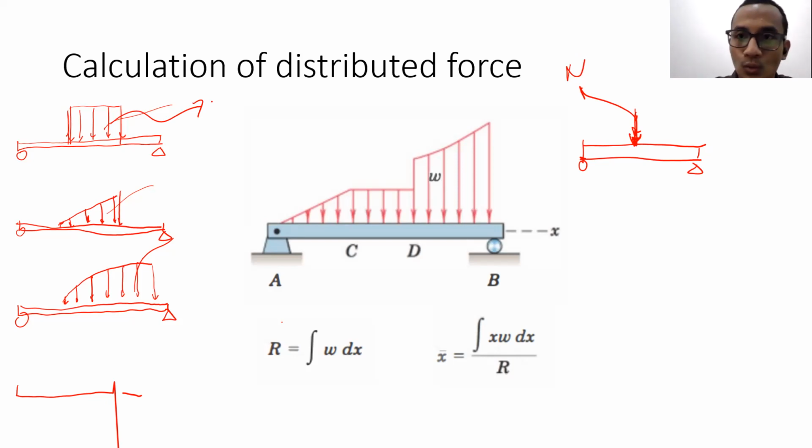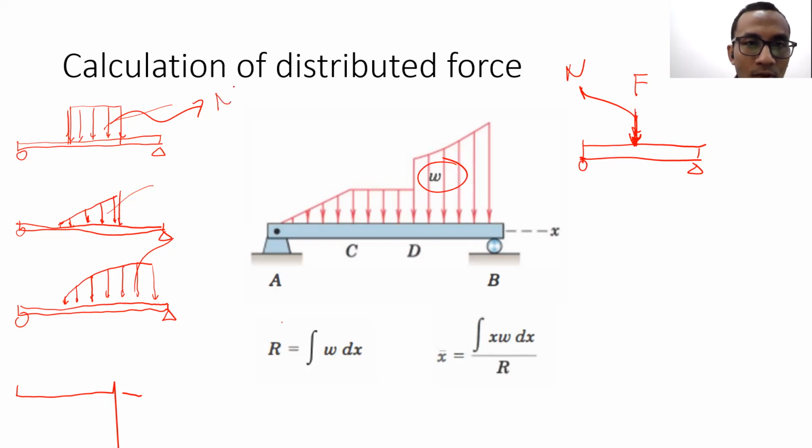We normally represent force as F, but for distributed force, we normally represent it as W. W is actually a distributed force, and the unit is supposed to be force divided by length.